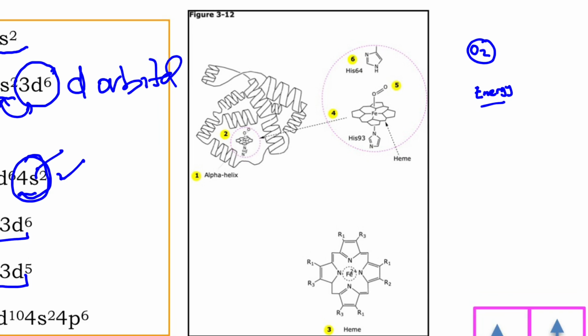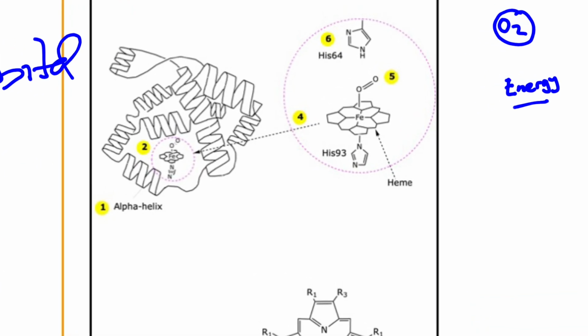So the protein hemoglobin, which carries oxygen in the red blood cells, as well as the protein myoglobin, which is found in muscles, which also binds oxygen, these proteins have the iron atom, and this iron atom is attached to what we call the heme group. This is an organic molecule that is red in color, and that's one of the major reasons why your blood is red. It's because of this thing called heme.